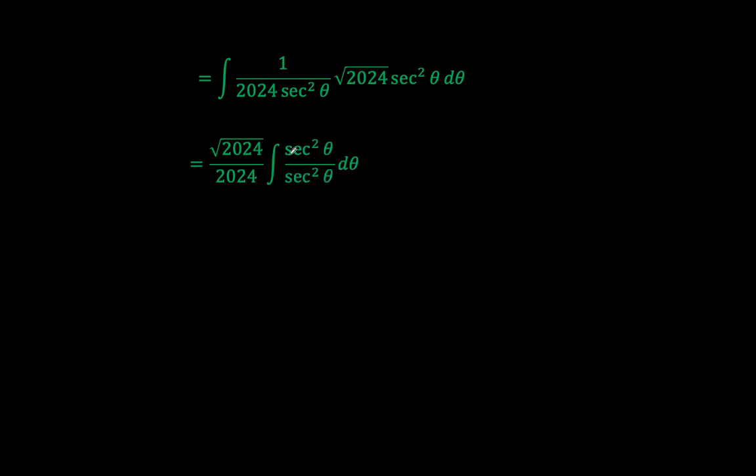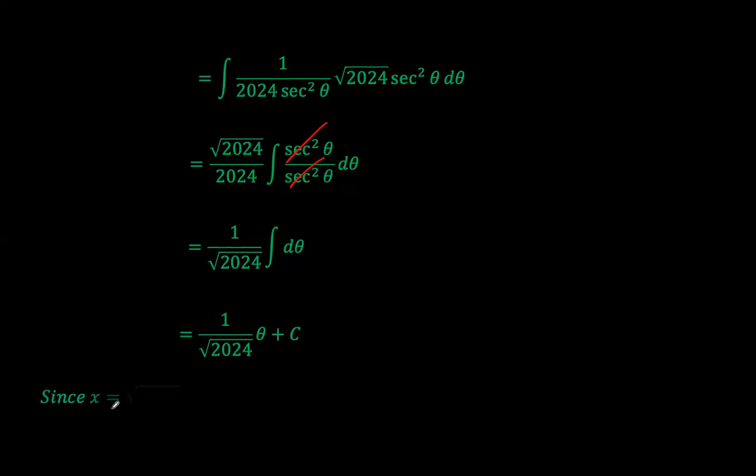And so the sec squared theta would cancel with one another. The division of square root of 2024 by 2024 is the same as 1 over square root of 2024, times the integral of 1. So this becomes 1 over square root of 2024 times theta plus the integration constant.